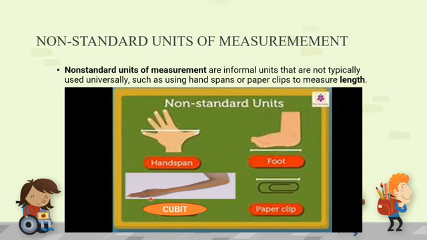The measurement from the fingertip of your middle finger till the end of your elbow, that is your cubit. Then comes your paper clip. These are some of the non-standard units of measurement.